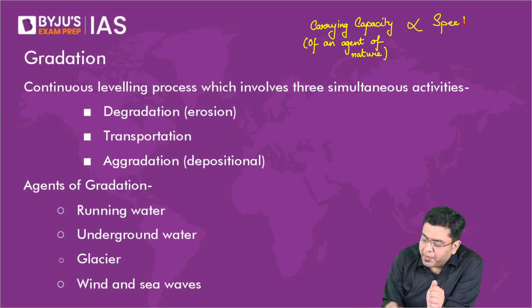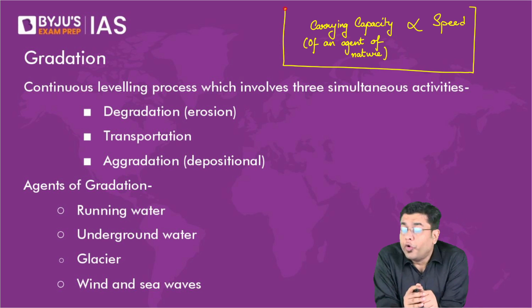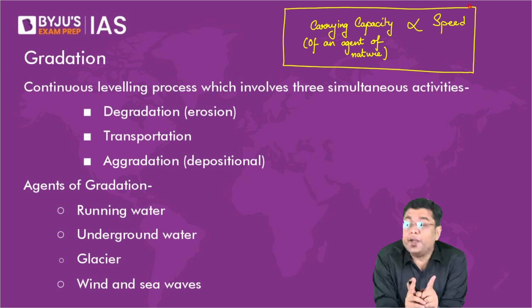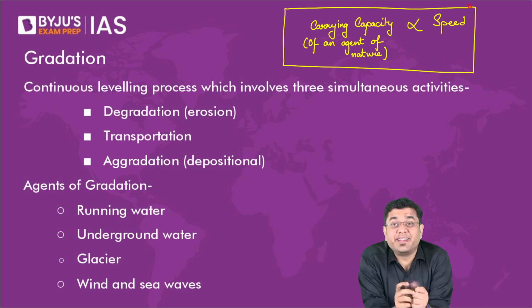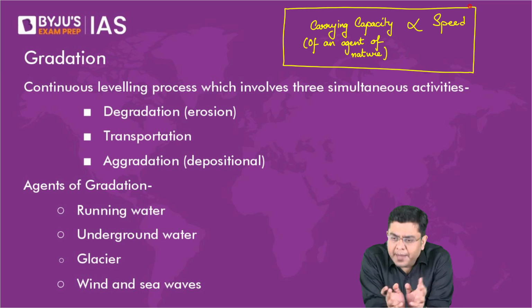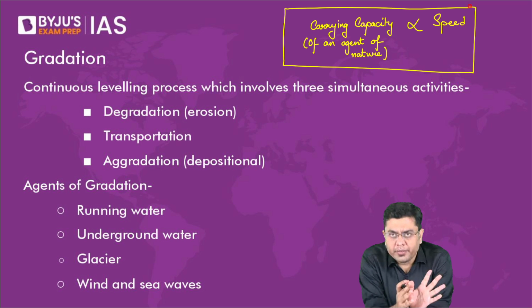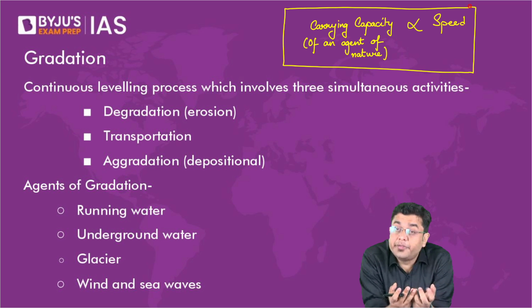Always remember this. So, if the speed of any agent of nature is high, it will be able to carry a lot of materials. If the speed is slow, it will start depositing the material.